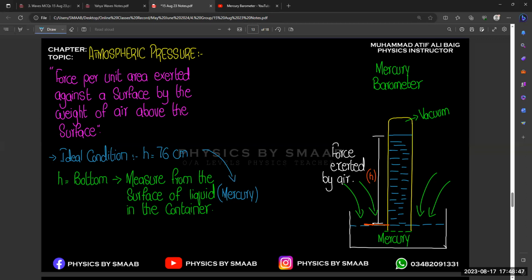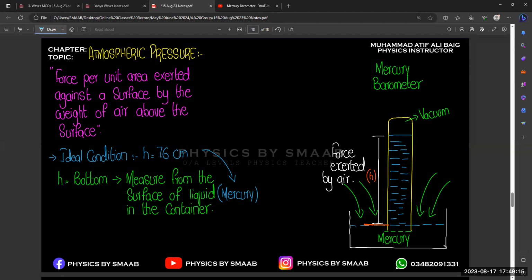Yes, actually there was a topic of thermometer in your syllabus before May June 23, and in that topic there is a complete comparison of why we use mercury in a thermometer rather than water, because water is a cheap and easily available liquid. So why are we not using water? The main difference is that the boiling point of mercury is very high as compared to water.